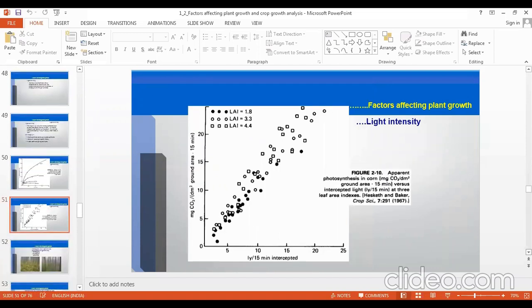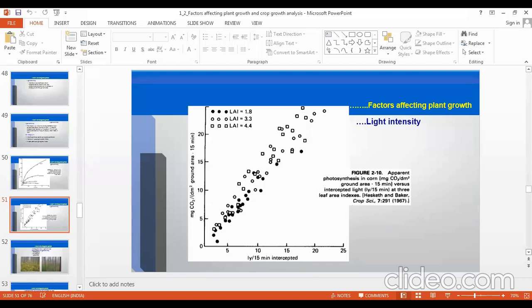See this one. On the x-axis you have light intensity, Langley per 15 minutes intercepted, 5, 10, 15, 20, and on the y-axis you have photosynthesis, and the data pertains to the leaf area index of maize crop, I think.